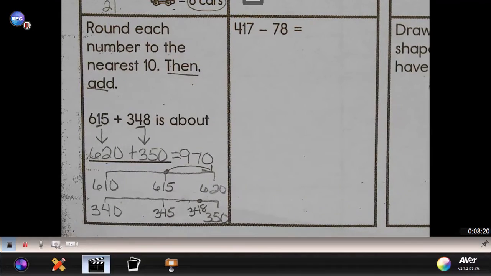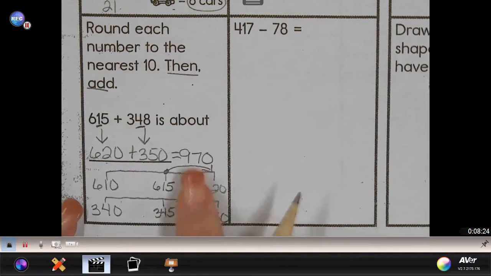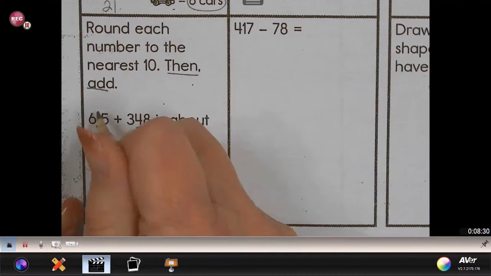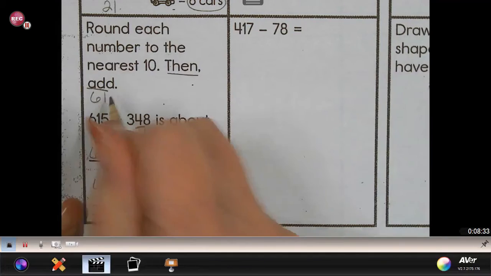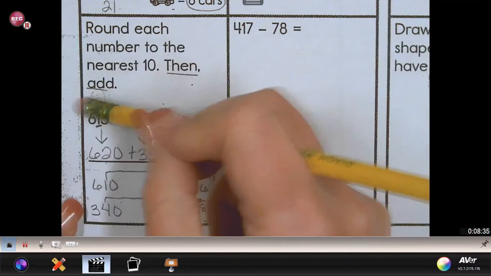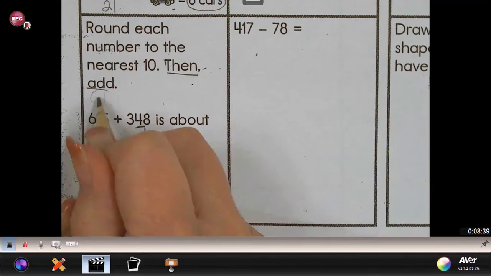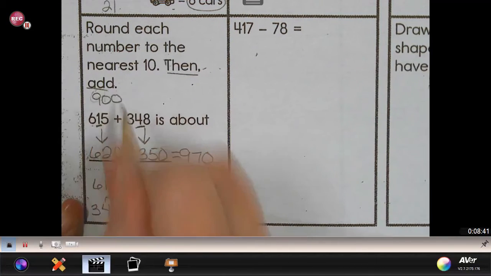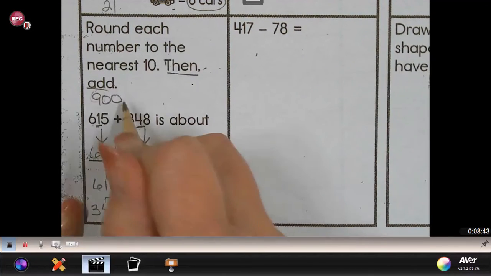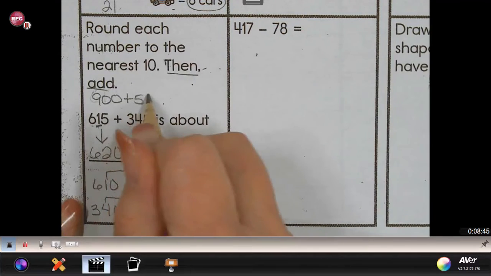Now, if I were going to decide and look at the exact sum to see if this is a nice rounded amount that's close to my estimate, I could take 615 and add the 348 to it. So 600 plus 300 is 900. 10 and 40 is 50.